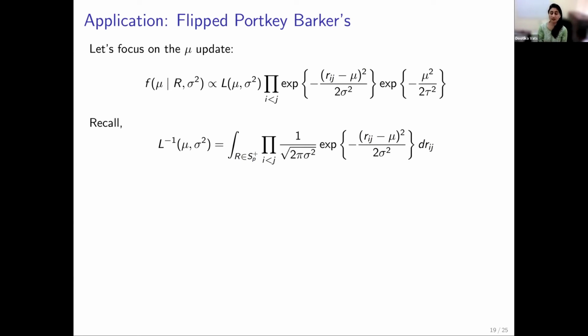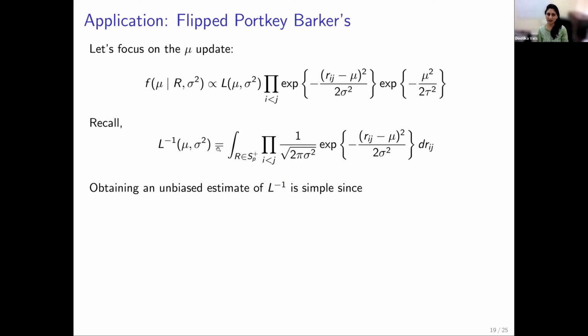In this particular case, the integral is over the space of all P by P correlation matrices. This is a restricted space, but we can always upper bound L inverse by the idea that each of the Rij's are between -1 and 1, because these are correlations.